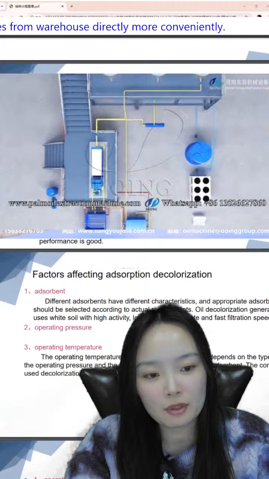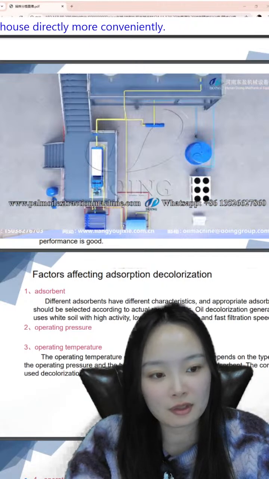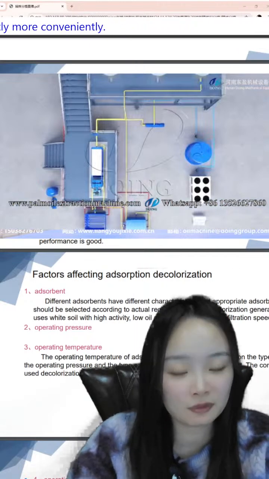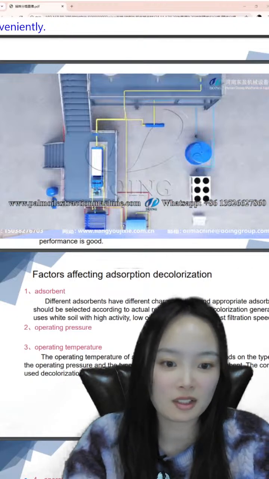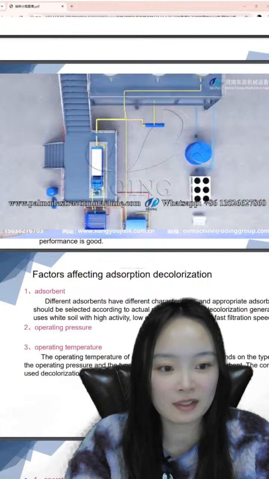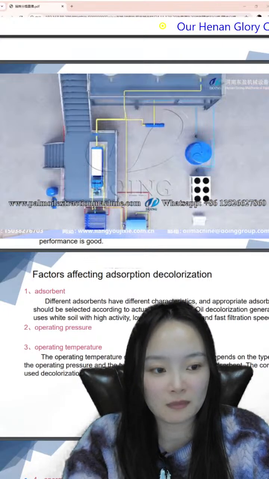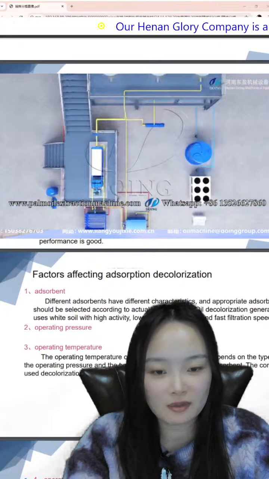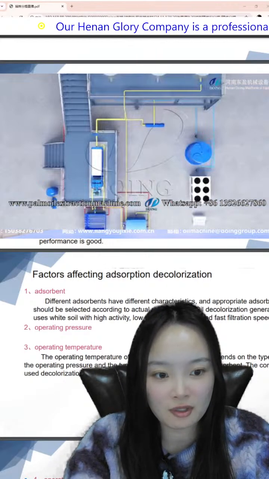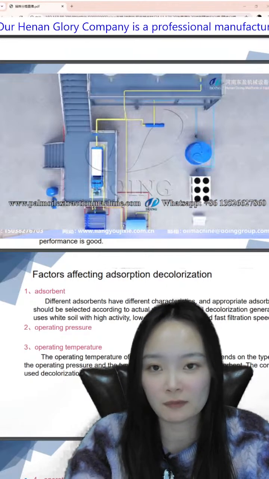The operating temperature of the absorption decolorization depends on the type of the oil, the operating pressure, and the characteristics of the absorbents. The commonly used decolorization temperature is about 105 Celsius.